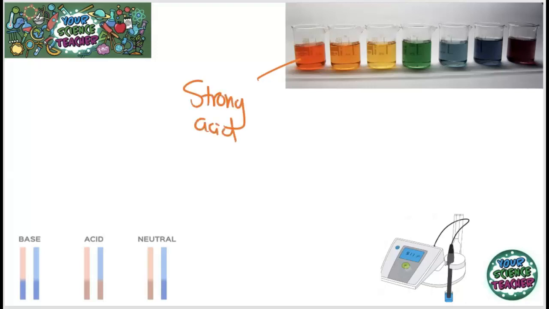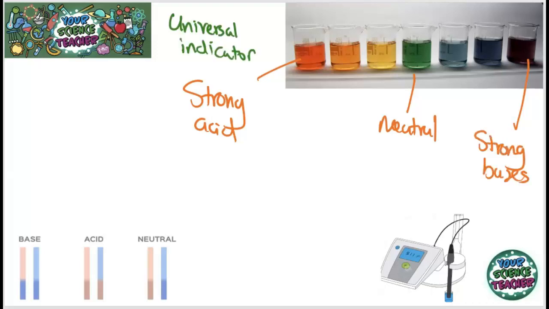And you can see in the middle we have here a neutral solution. And over here we have our strong alkalis. In fact, you can use universal indicator, which will go to the colours on the pH scale, and you can easily read off to find out the pH.